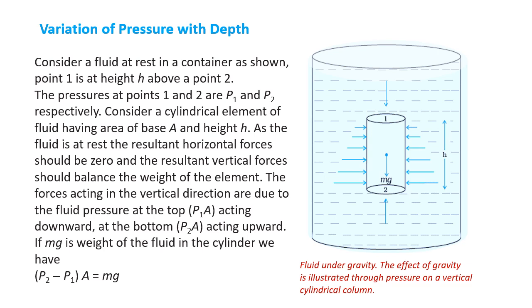The forces acting in the vertical direction are due to the fluid pressure at the top, P1 into A, acting vertically downward, and at the bottom P2 into A acting vertically upwards. That means P2A minus P1A will be equal to mg.